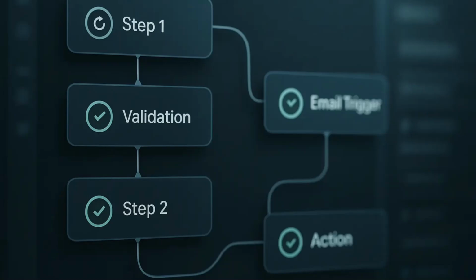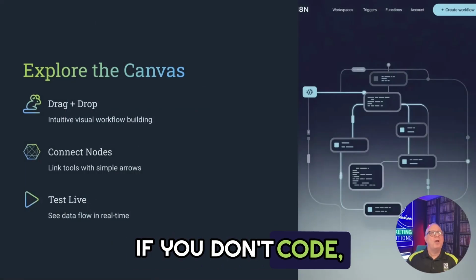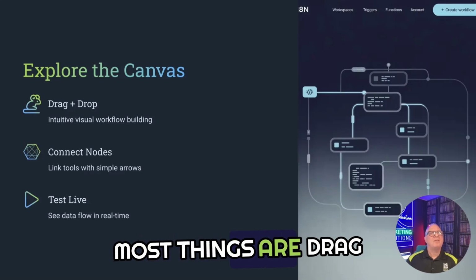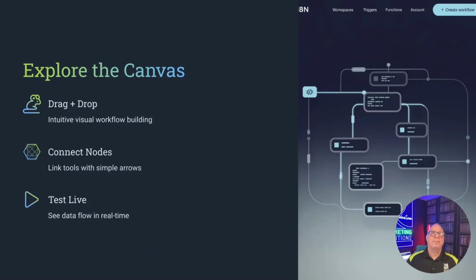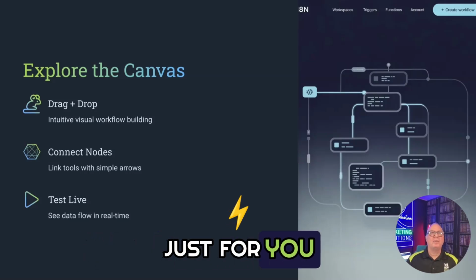It's like Lego, but for tasks. Don't worry, if you don't code, most things are drag and drop. But if you do code, n8n has powerful options just for you.